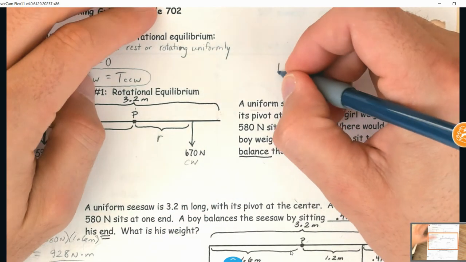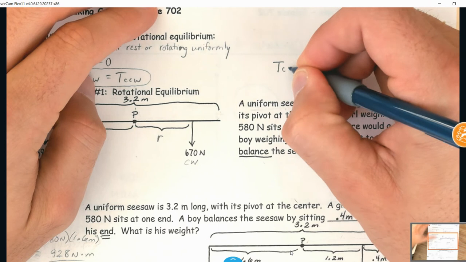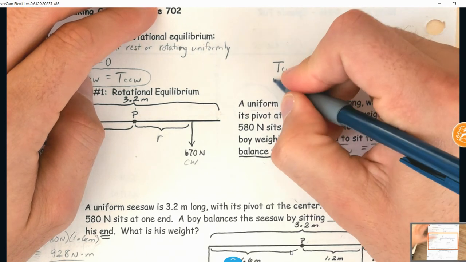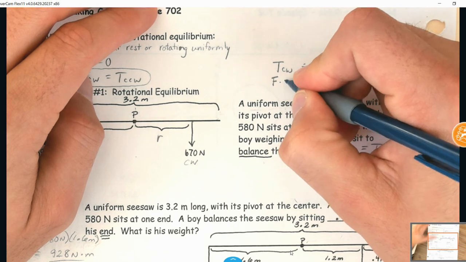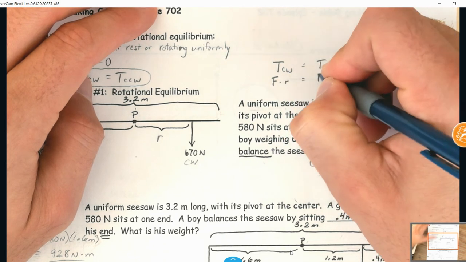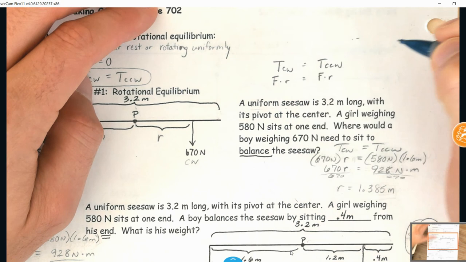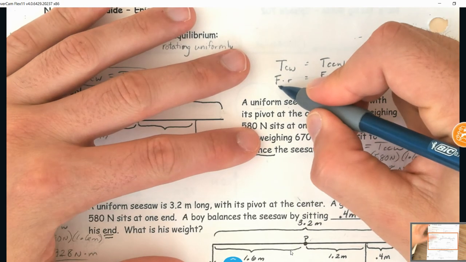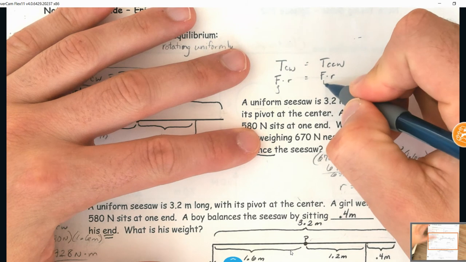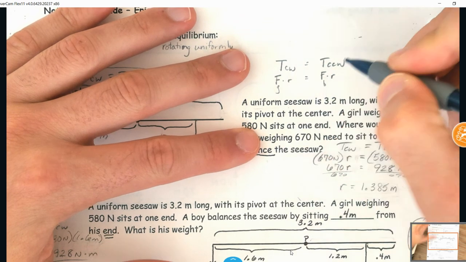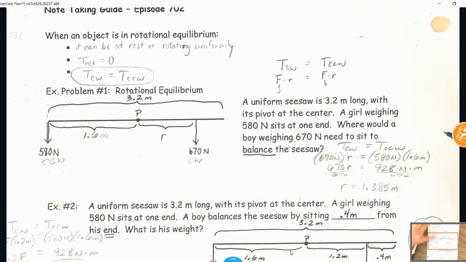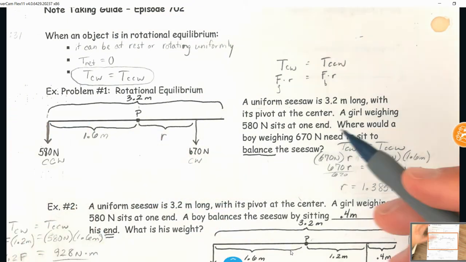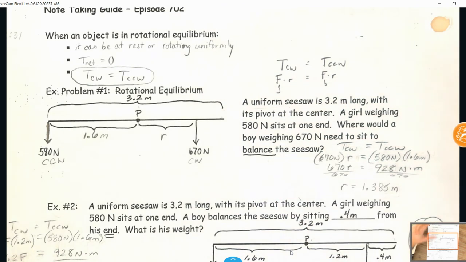It's the force of the girl and the force of the boy, which are just their weights. So we don't know what this value for r is, or how far they need to be away from the pivot point.